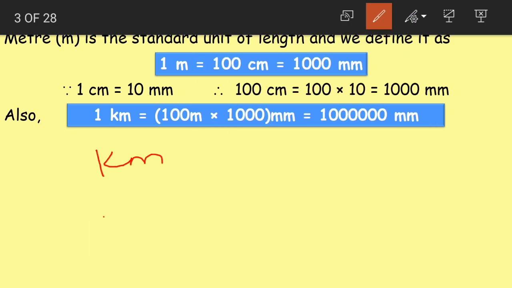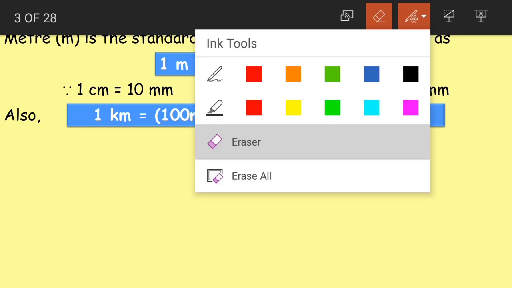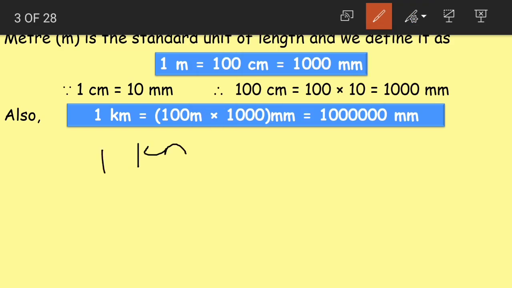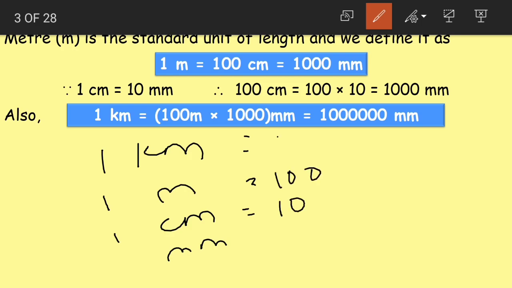First write the hierarchy, which is 1 kilometer, then we have 1 meter, then we have 1 centimeter, and then we have millimeters. What should you do? First you can start from 10 and then go till 1000, or you can start from 1000 and come down till 10.